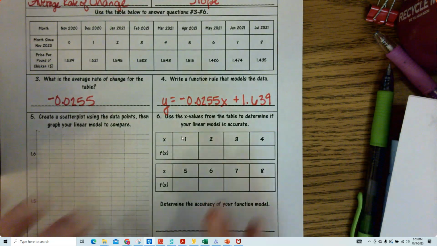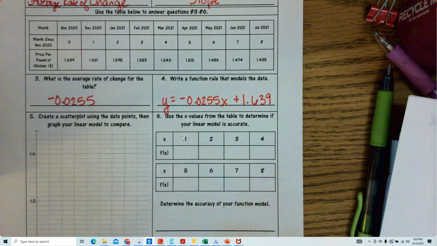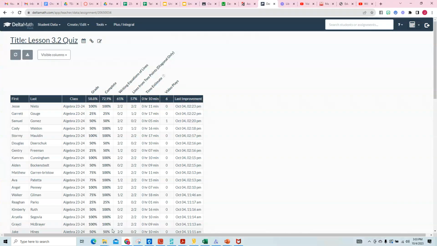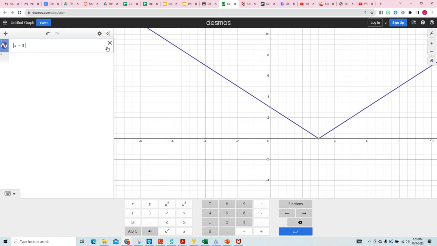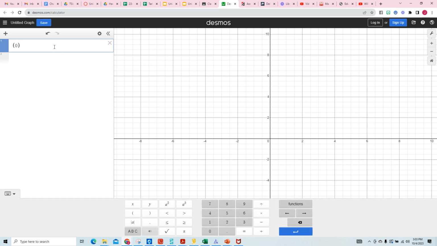Okay, so I can create a scatter plot. I'm actually not going to draw it on here. I'm going to use Desmos to show you. Desmos is a really cool graphing calculator that actually graphs in a lot better format than even those calculators do. And so you can put ordered pairs into Desmos where you can't do that on our graphing calculators.